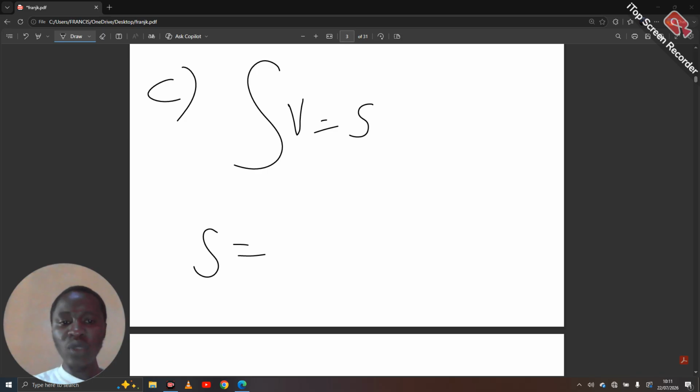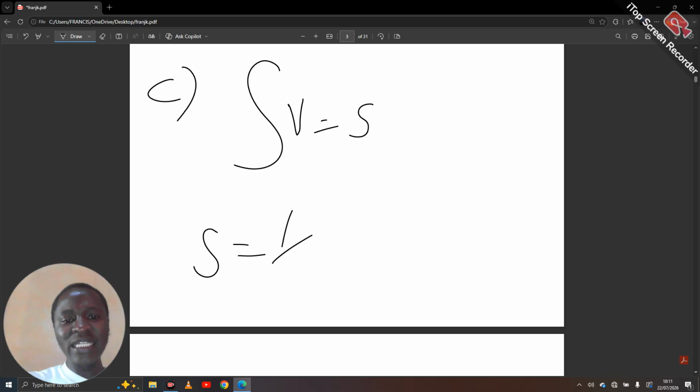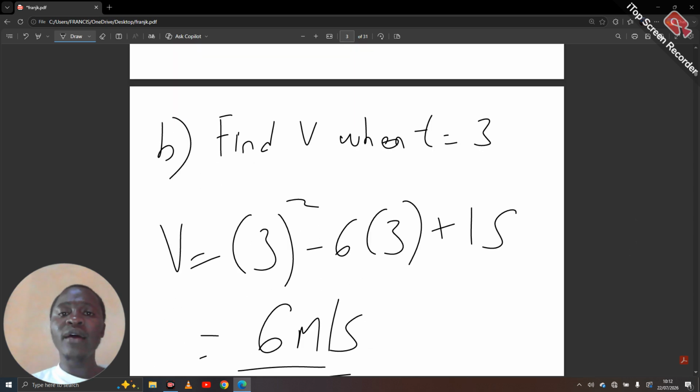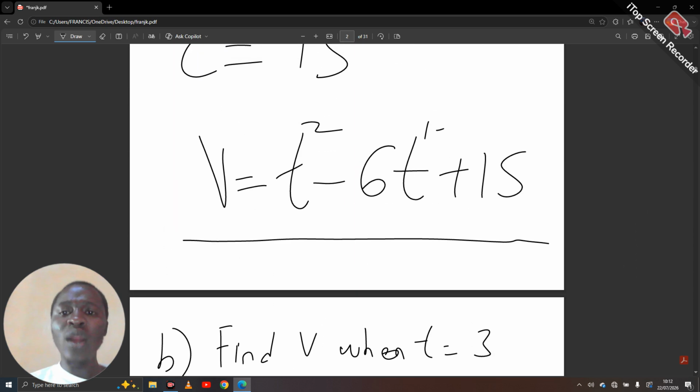The displacement will be now a third, that is 1 over 3 t cubed, minus 3t squared. Remember, that one is after simplification. We have 1 plus 1 all over the same 1 plus 1, which is 2 over the denominator here. So this one cancels this, and we have now 3t squared.